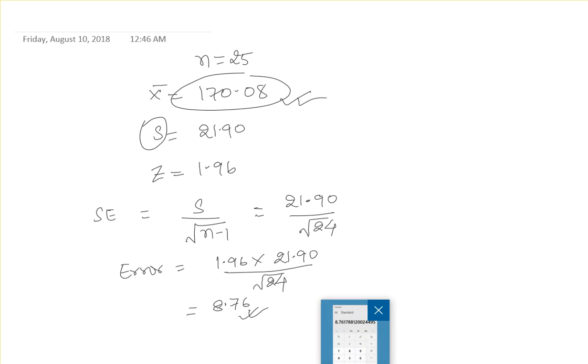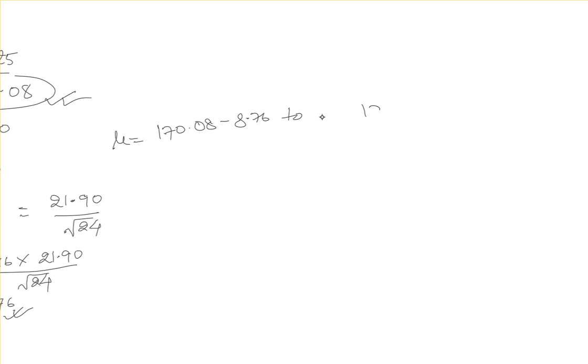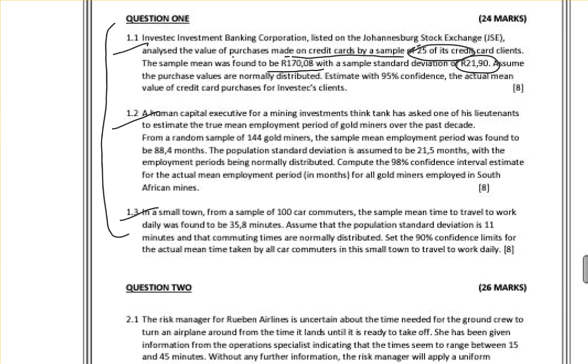So the mean will be 170.08 minus 8.76 to 170.08 plus 8.76, so it will be 161.32 to 178.84. This is the first part of the first question. Now we come to the second part.